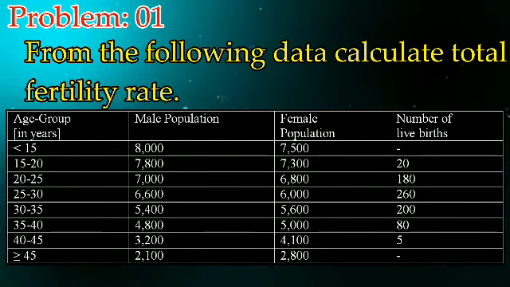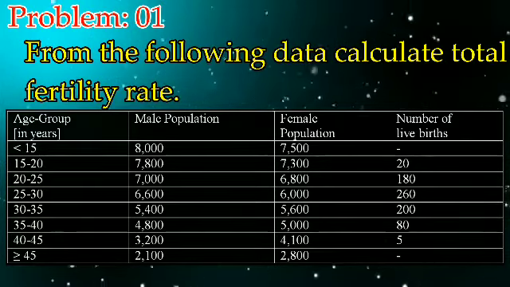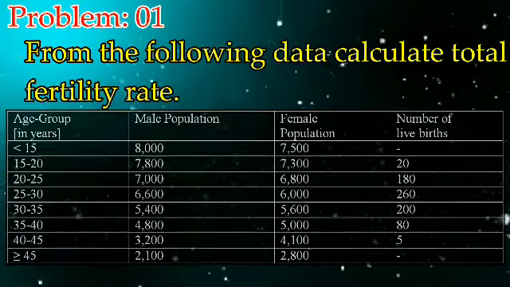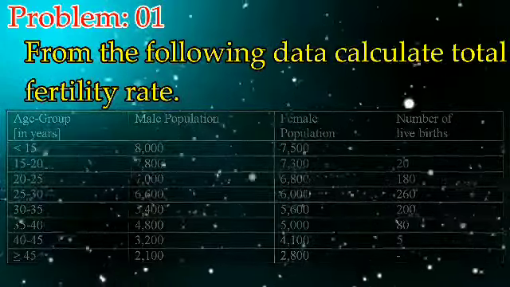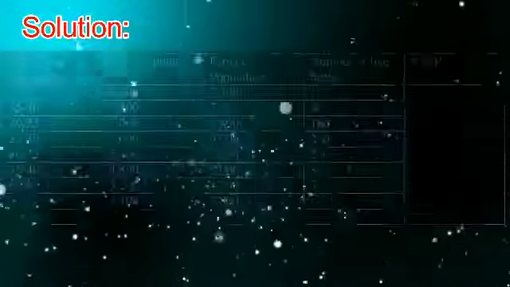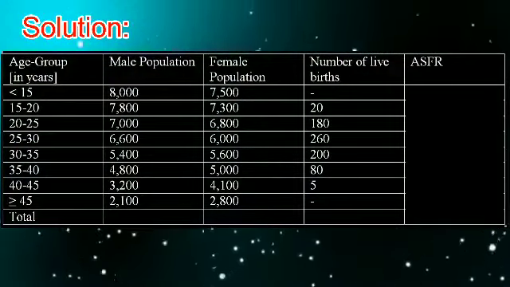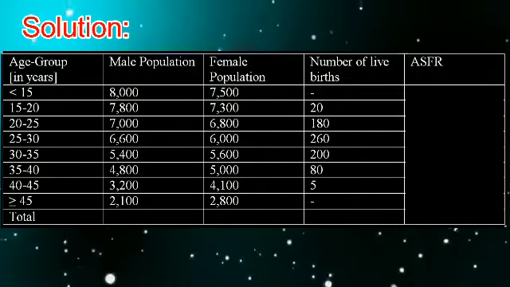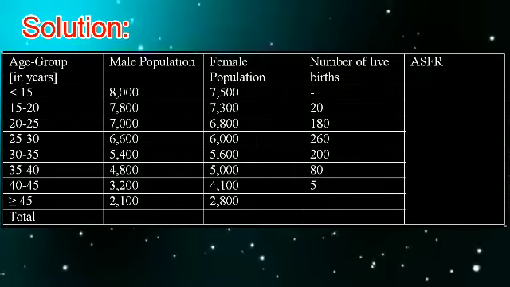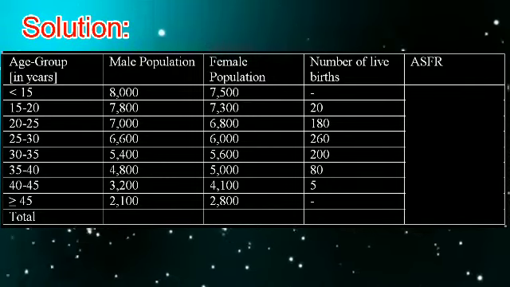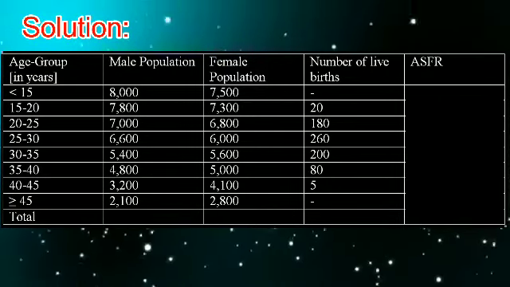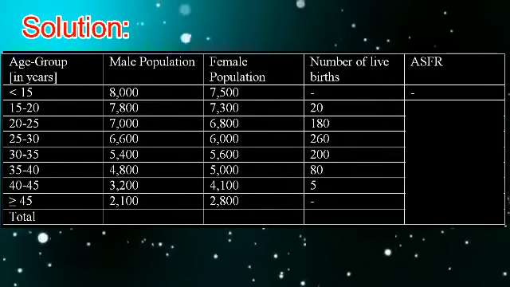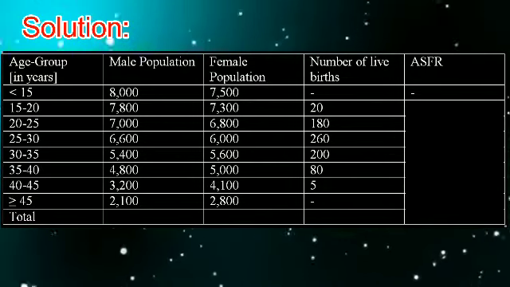Now, as we all know, in order to find a TFR, the first step is to find all the ASFR values. So include one more column in the solution part. Solution: draw the table, copy the data from the given question and include one more column to find all the ASFR values. So the first ASFR value is 0 because the number of live births given in the question is 0.